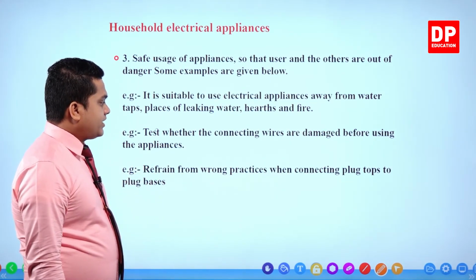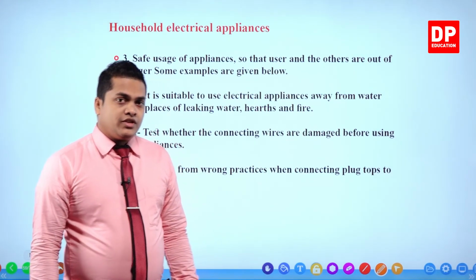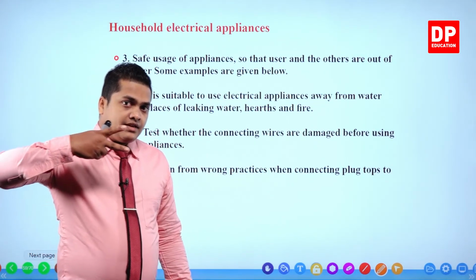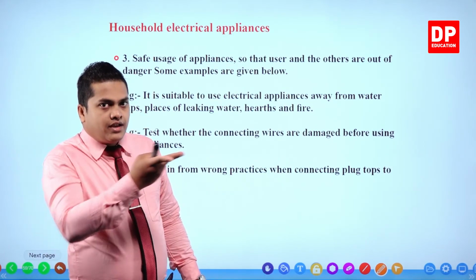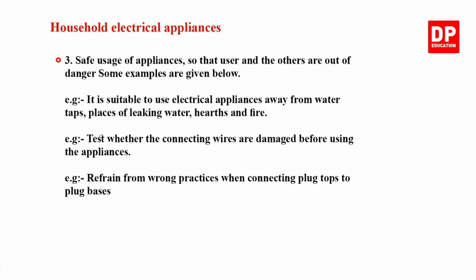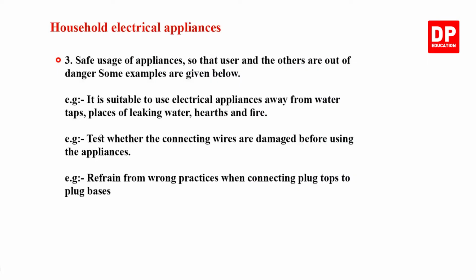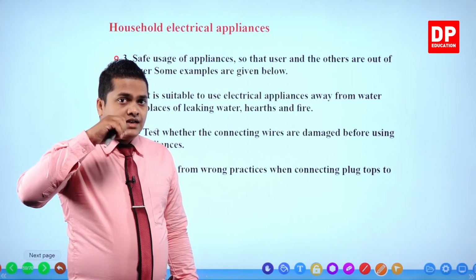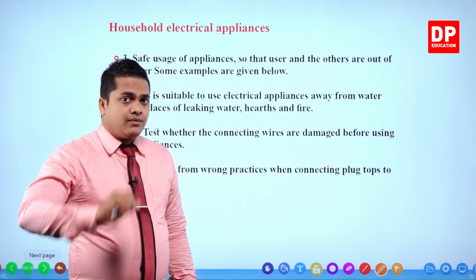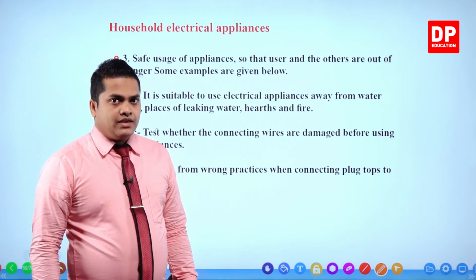Refrain from wrong practices when connecting plug tops to plug bases. You know that if there is a 2-pin plug, we like inserting one pin into the upper top one, the earth one, and rotating it, and inserting it this way. It's not wise to do that at all. When you are inserting 2-pin plugs, especially into 3-pin plug bases, it's better to use a pencil or a pen to lower the earth shutter, by inserting the pen or pencil into the earth hole of the plug base.